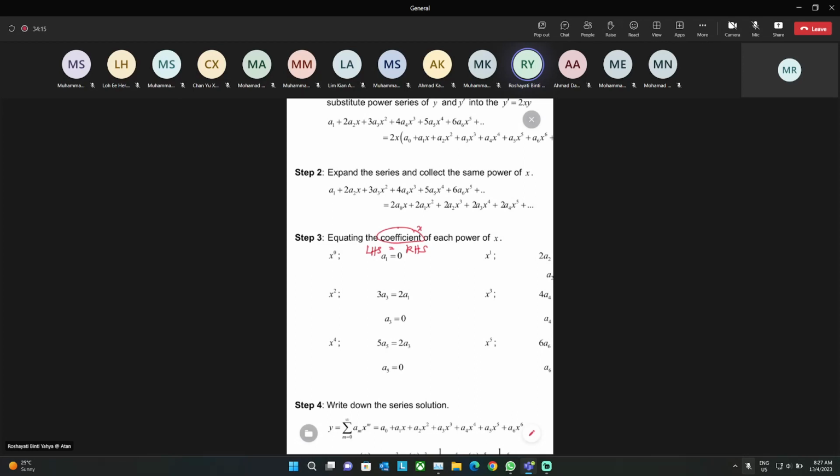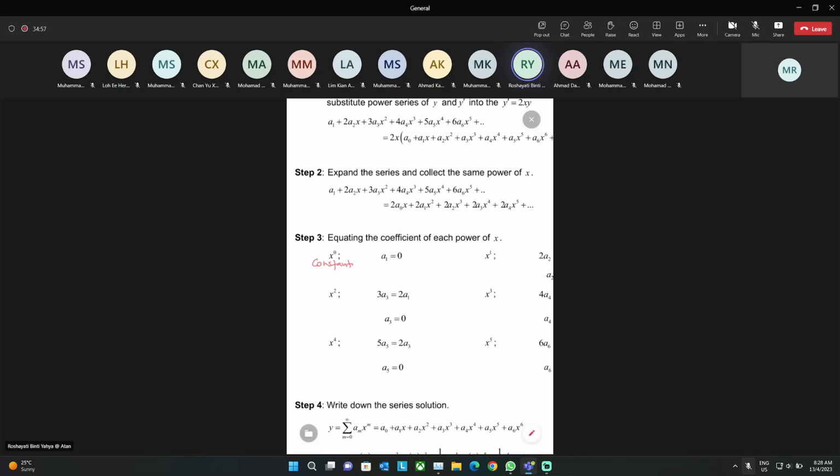On your left hand side, your x is x^m, and your m starts from 0 to infinity. So you need to start from x to the power of 0.